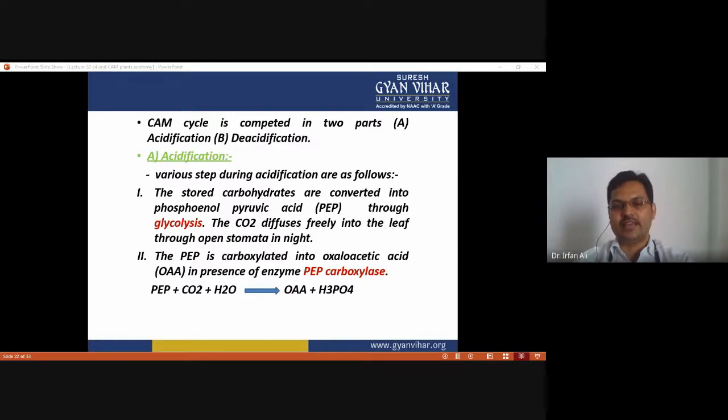So this is the step: PEP plus CO2 plus H2O. At this step it is clear where the phosphoenol pyruvate comes from. It comes from the glycolysis carried out in the leaves, which uses up the starch, the carbohydrate content.